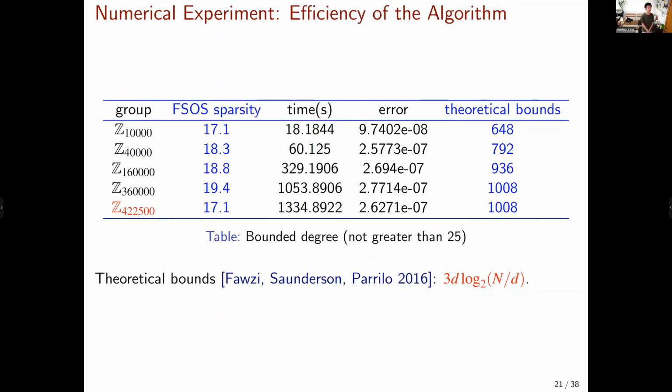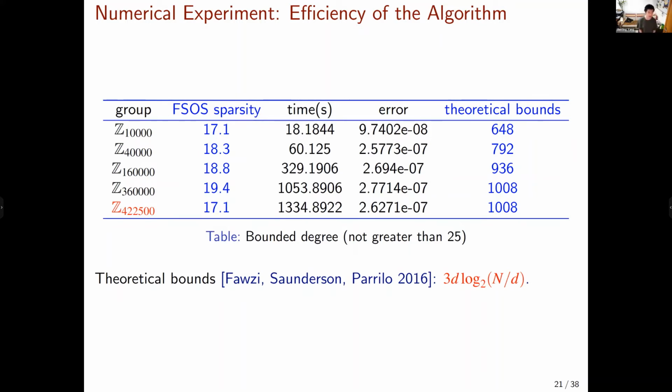And here we also do some numerical experiments. In these numerical experiments, we randomly picked some non-negative functions on a given group with bounded degree, and used our program to compute sparse Fourier sums of squares, and compared our sparsity with theoretical bounds given by Fuzzy, Sanderson, and Perlow.